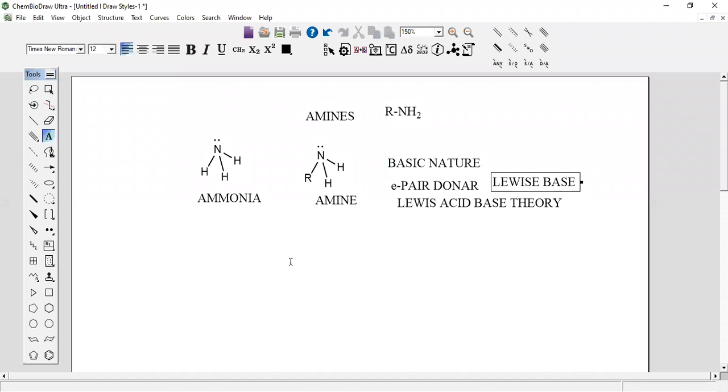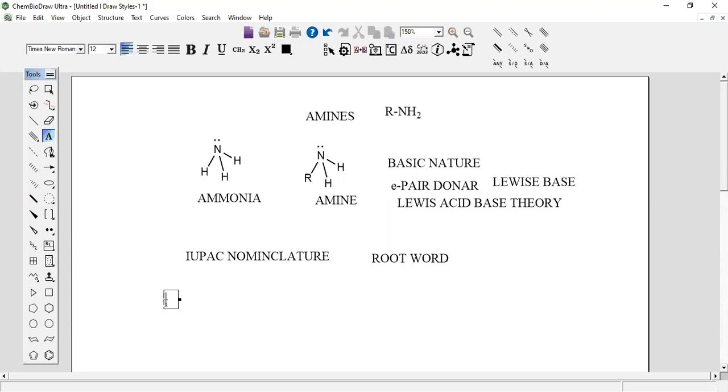Now come to another important point. Now we have learned what amines are and what their nature is. Yesterday I told you about IUPAC nomenclature also, isn't it? Whenever we write an IUPAC name, we have to remember the root word, the primary suffix, and the secondary suffix.